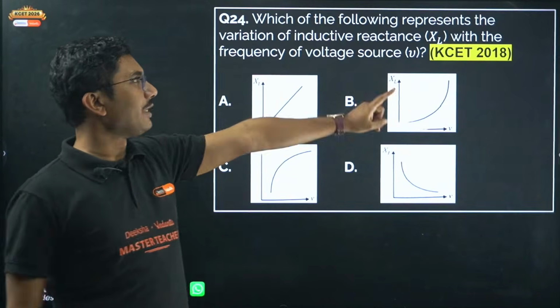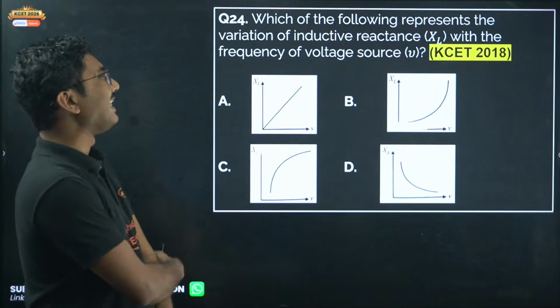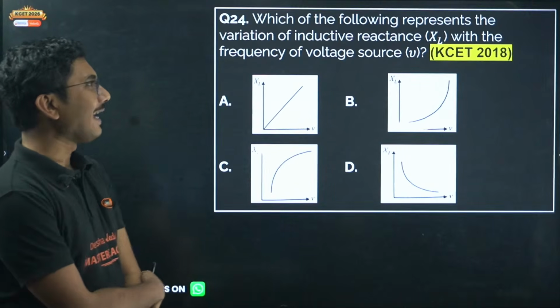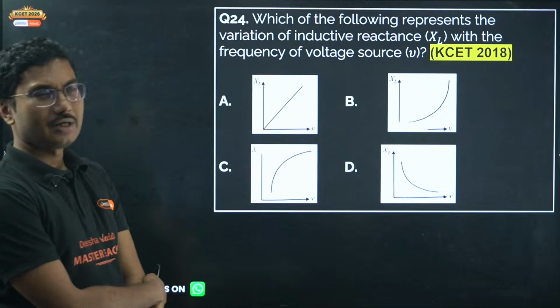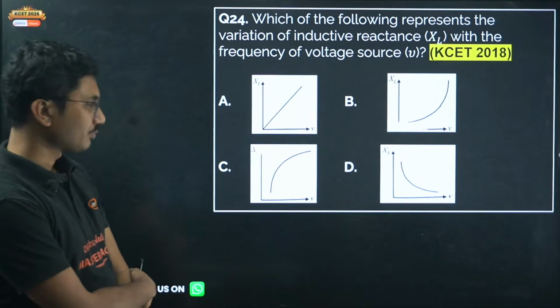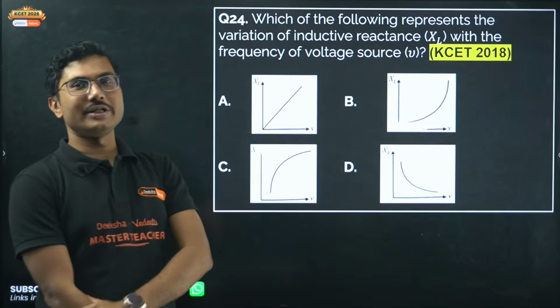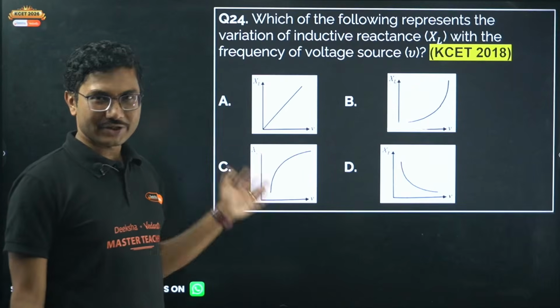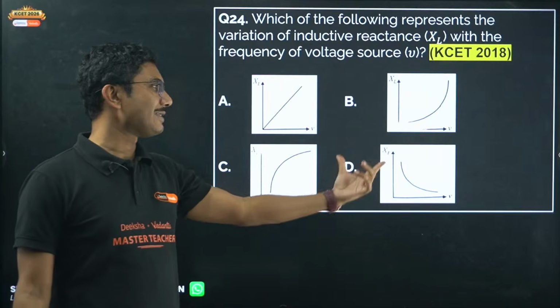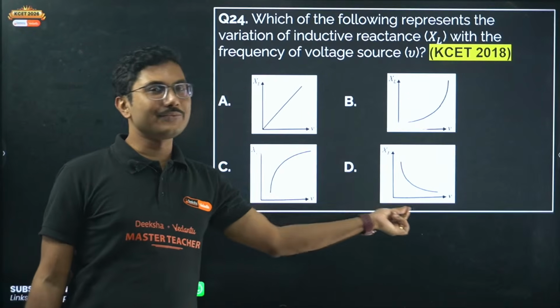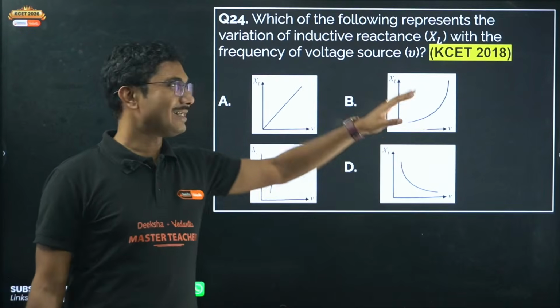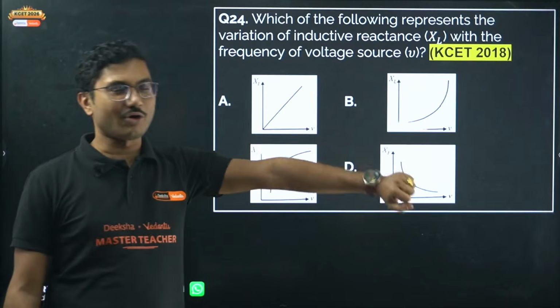Which of the following represents the variation of inductive reactance XL with the frequency of the source nu? Now this is a particular case where this pattern is wrong. I mentioned that in 90% of the cases this pattern gives you the correct answer, but in this question, this pattern is not correct.